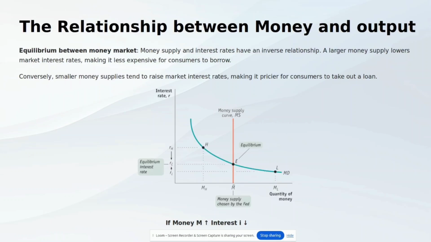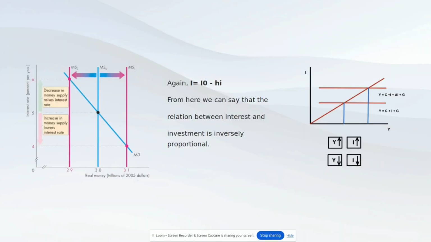From this graph we can see that the relationship between interest and investment is inversely proportional. If the interest is increasing, investment is decreasing.